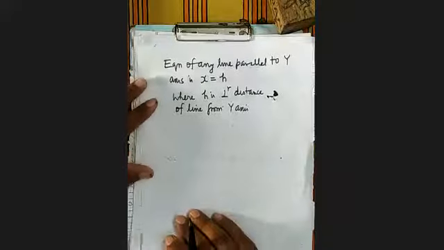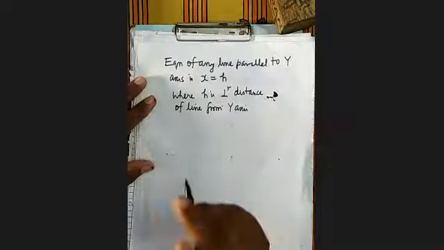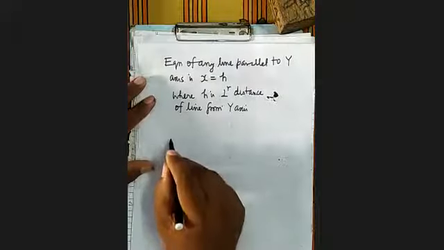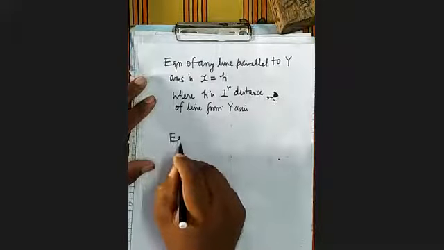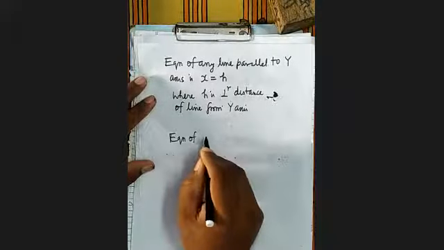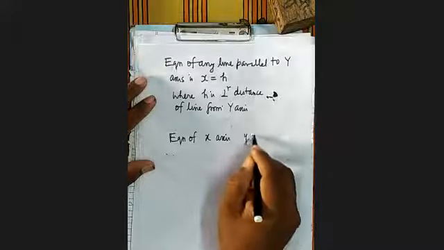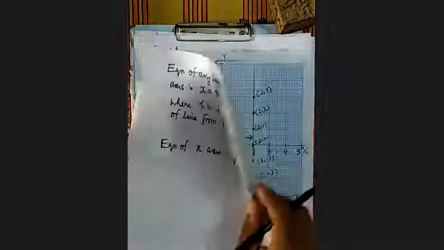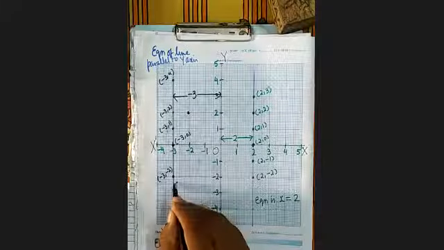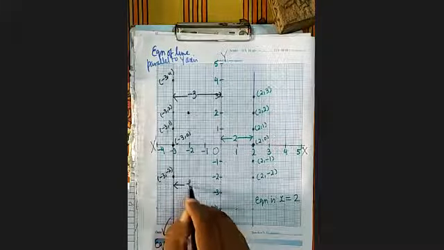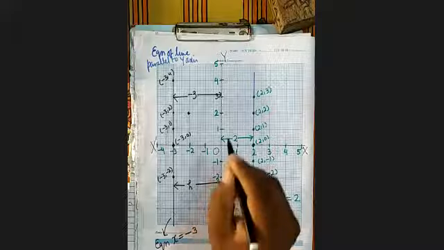Now see here, all of you remember this thing. What is the equation of the x-axis? The equation of the x-axis is y equals 0. This distance is denoted by h.